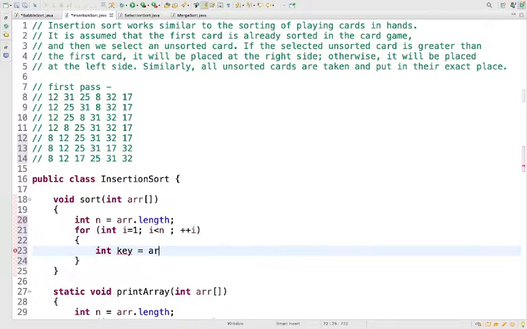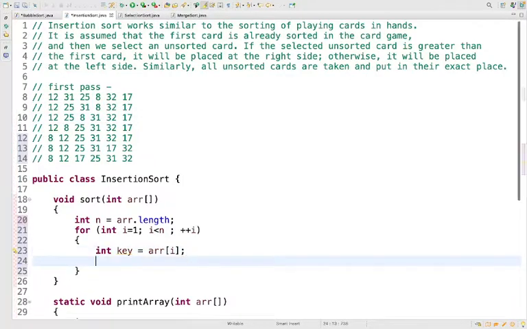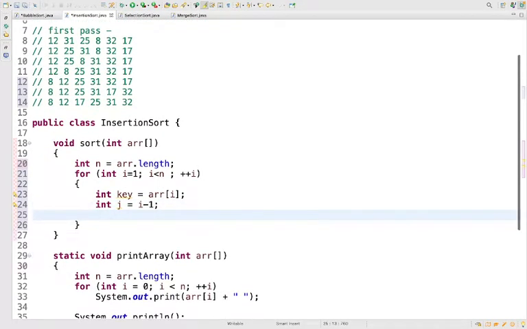The key will basically be the first element, for example 12. And from that key we will find j, which is equal to i minus 1. We'll explain why j is equal to i minus 1, but let me complete this thing first.